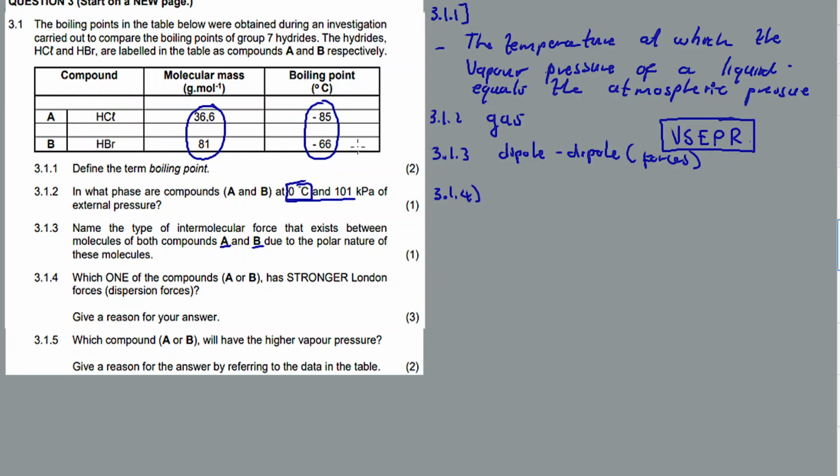The one with the highest boiling point always takes longer to boil. It's because there are much stronger intermolecular forces. The molecules are tightly held together in that compound, so when you apply heat, instead of breaking quickly, they take time to break.